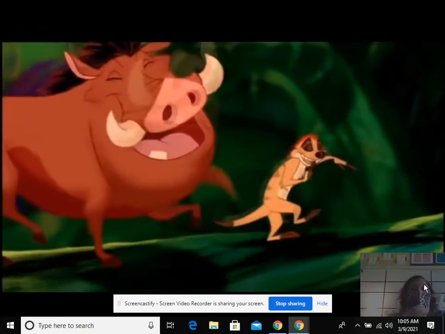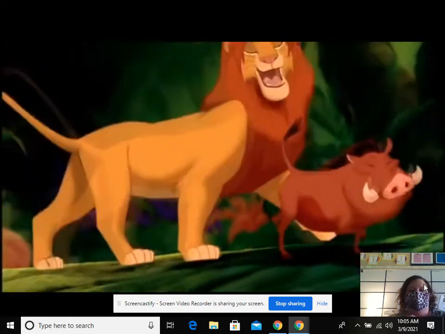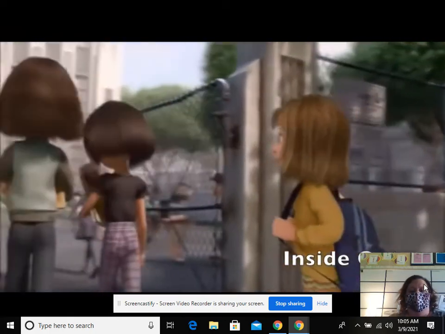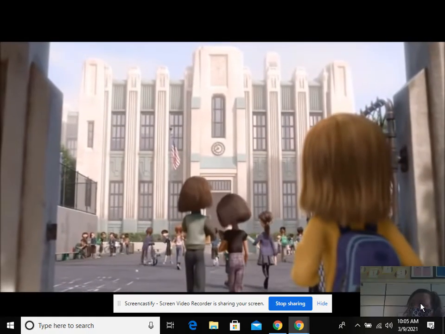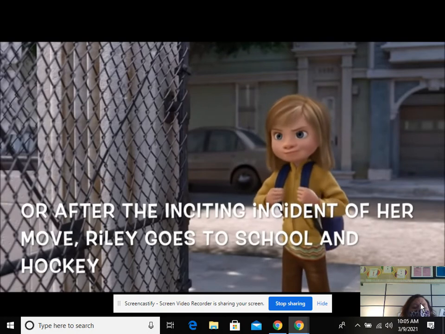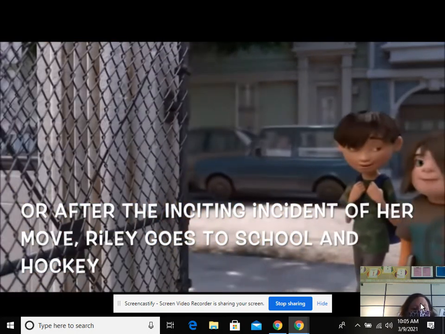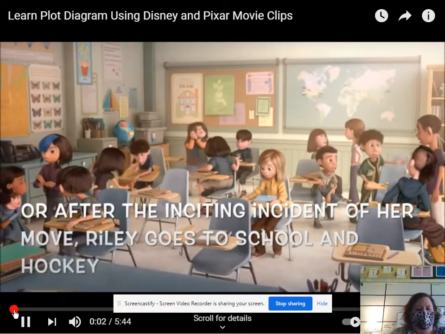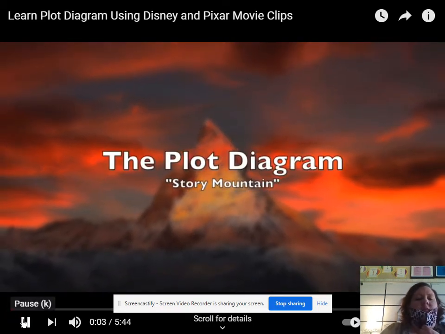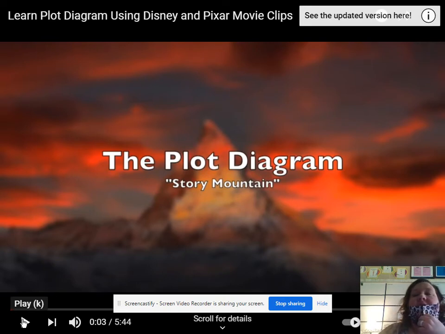So you're going to have to read the captions. It's using the Lion King and Inside Out. Hold on. It didn't start it from the beginning. The plot diagram, it kind of looks like a mountain, okay? It goes like this.